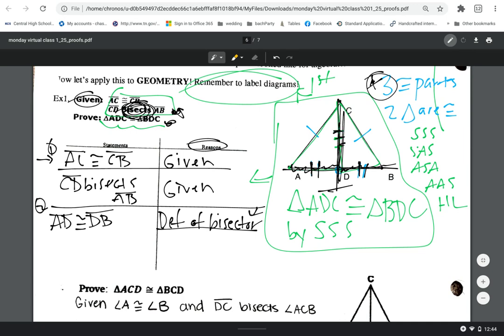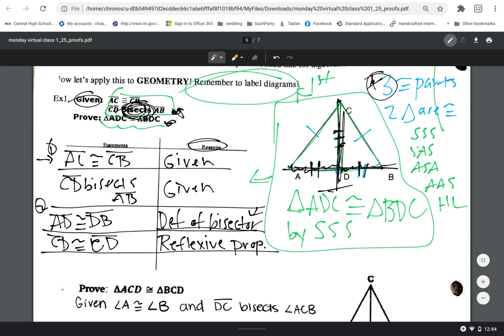All right. What was our last thing we found? So this is where we had CD is congruent to itself. CD. Now, what was that called? That was called the reflexive property. All right. So now I've got 3 congruent parts.